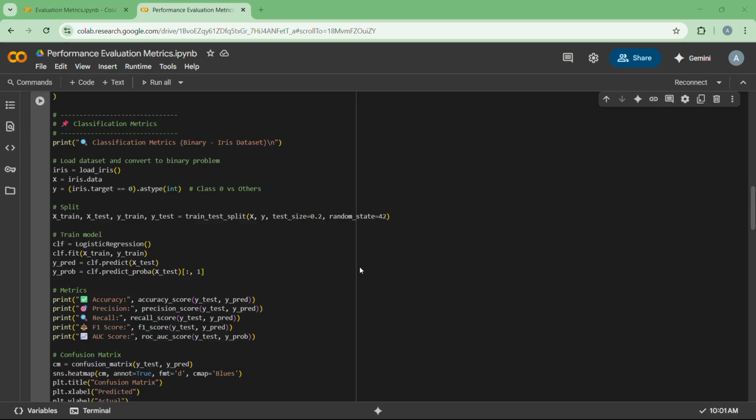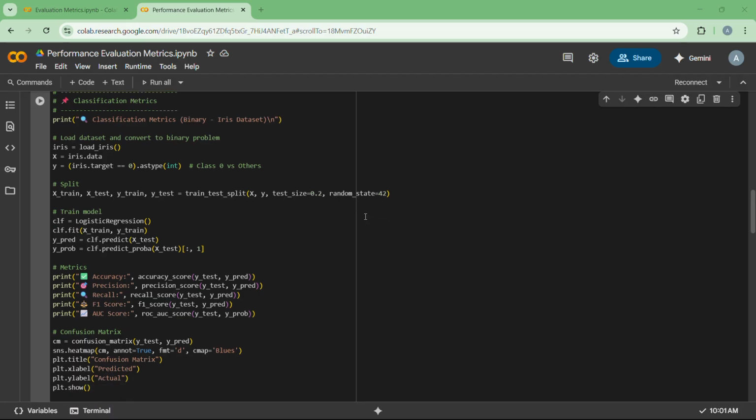We give the test size equal to 0.2 and random state equal to 42, and we use the logistic regression model. Here we store the predicted values in y_pred and the probabilities in y_prob.